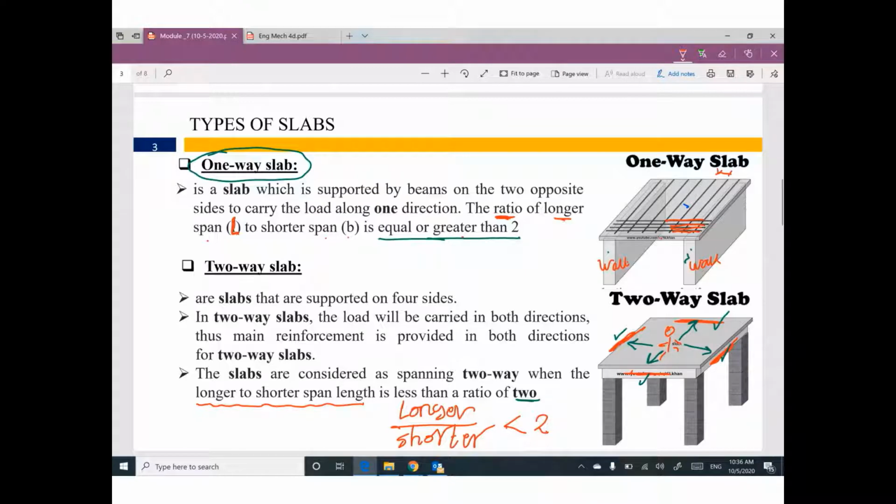Because this direction is the main direction, so you can expect more reinforcement. But the other direction is minimum. We cannot expect any load, but we have to put reinforcement. So this direction will be minimum area steel, but this direction is the area steel from your design. Got it?